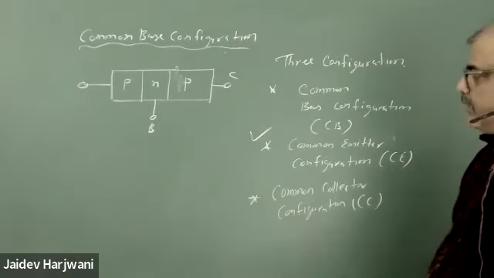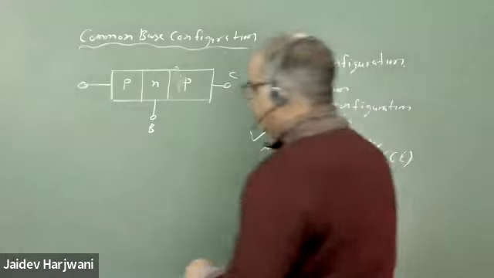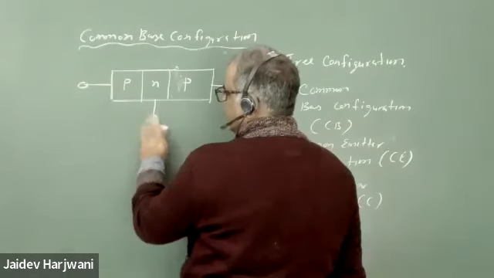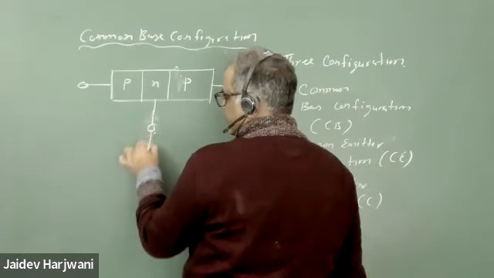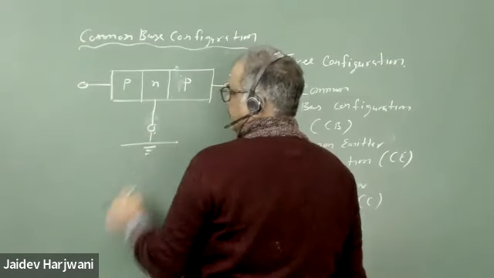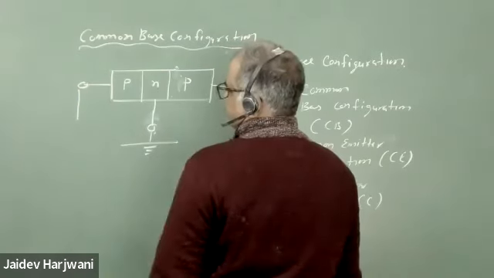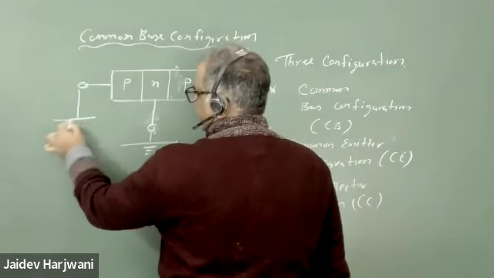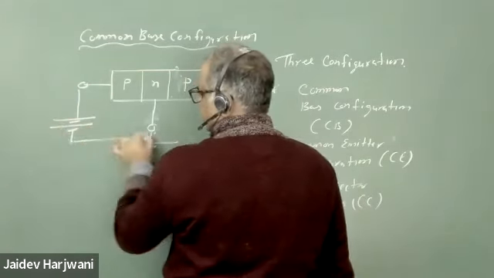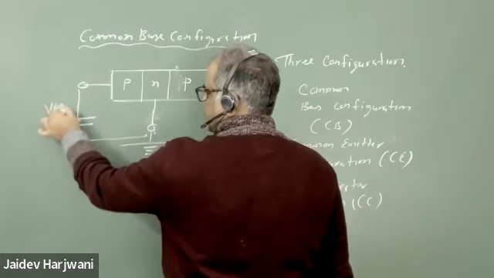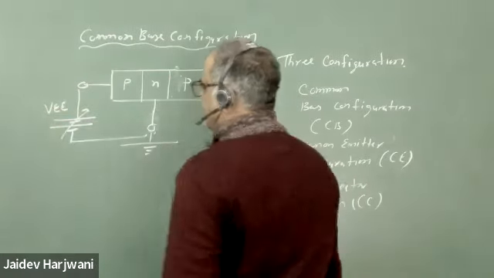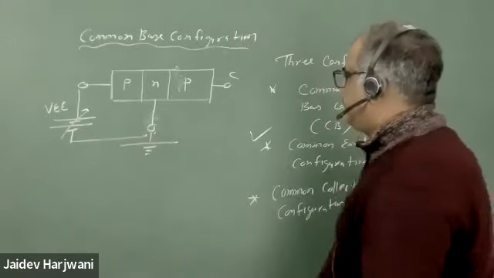In common base configuration, we ground this base junction, and we apply voltage sources. This is your emitter, so let me call this battery VEE.